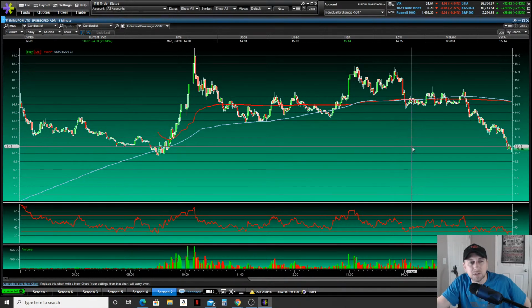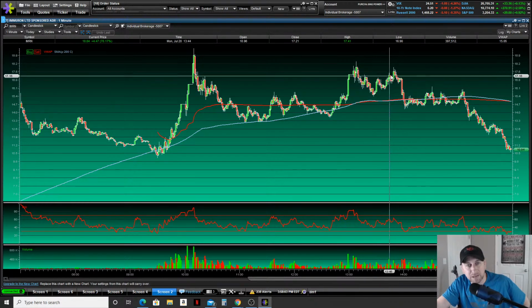At this point, you might be looking for it to bounce in this area, just because we had this level of consolidation right at market open before it shot up. So maybe you'll get lucky and the bleeding will stop somewhere in that area, and maybe get a bounce up to where you can get out of it. Hopefully you didn't buy it up here. If you did, I'm sorry.